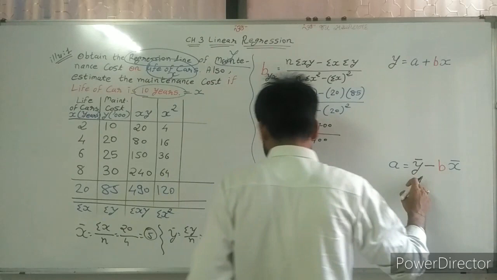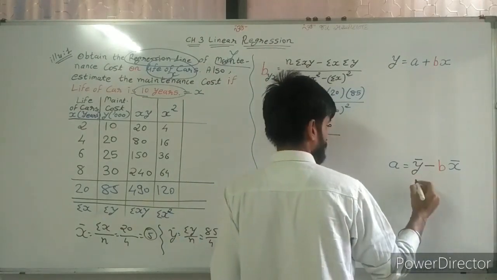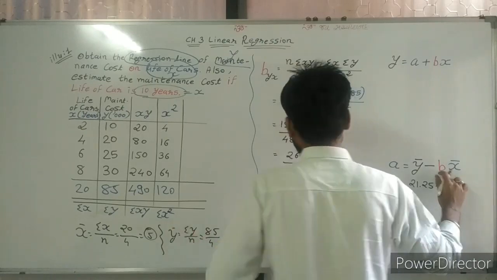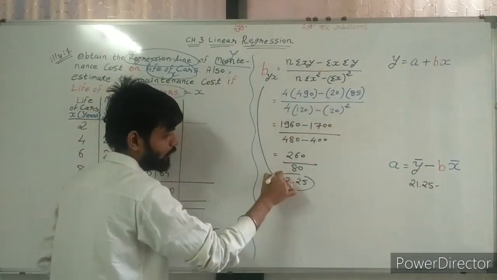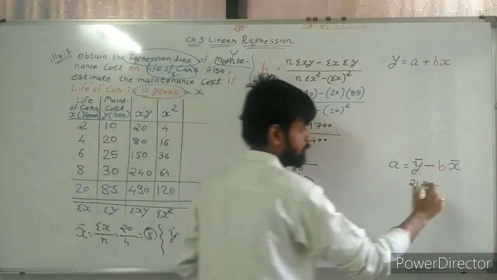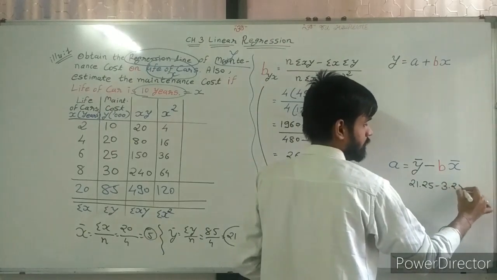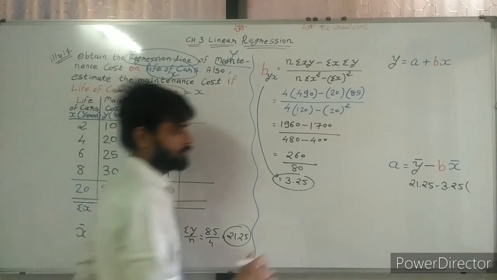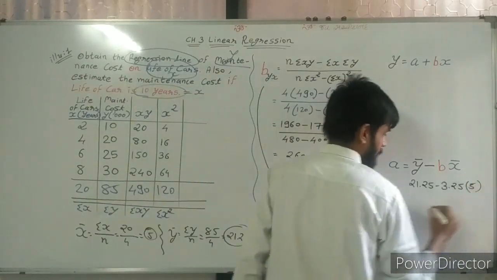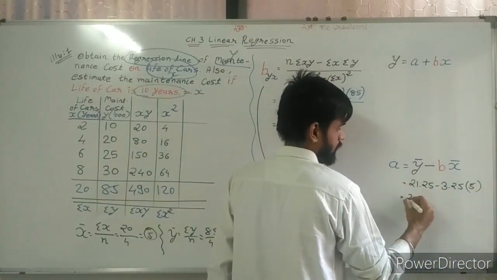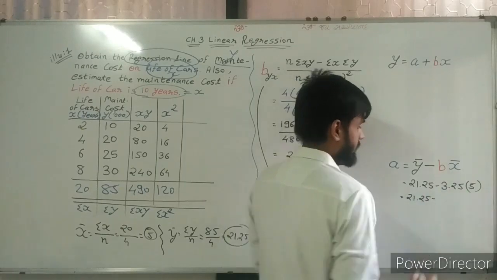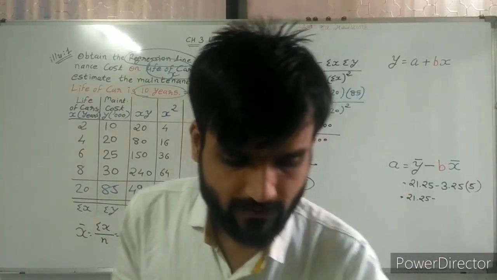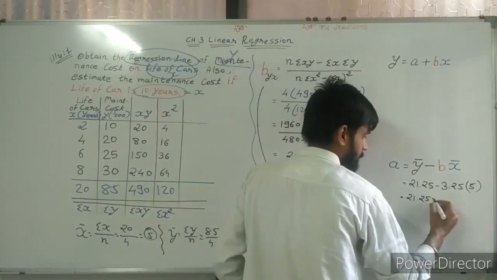So a is equal to y bar minus b x bar. Y bar is 21.25 minus b. Sir, here we have the value of b, 3.25. So write down 3.25 times x bar. Sir, x bar is equal to 5. 21.25 minus 3.25 into 5. 3.25 into 5, answer is 16.25.